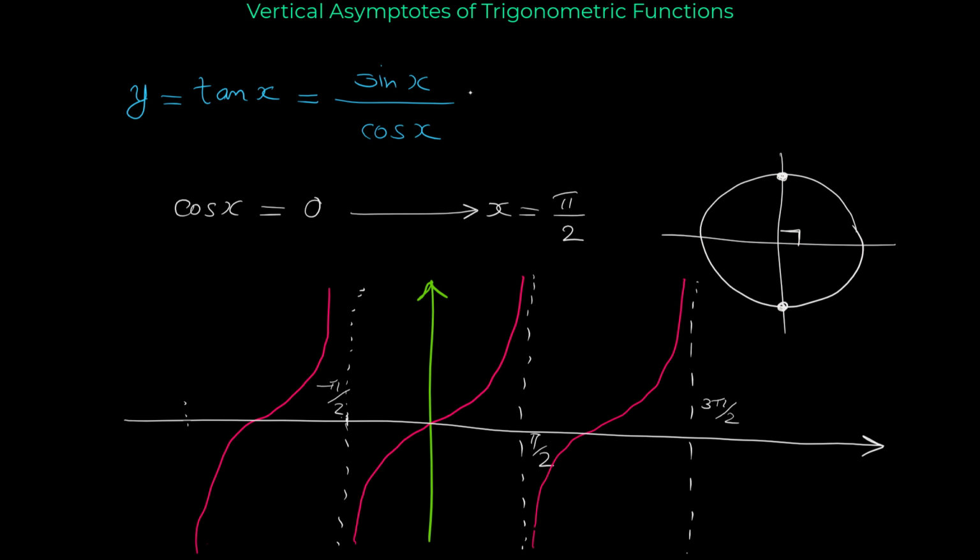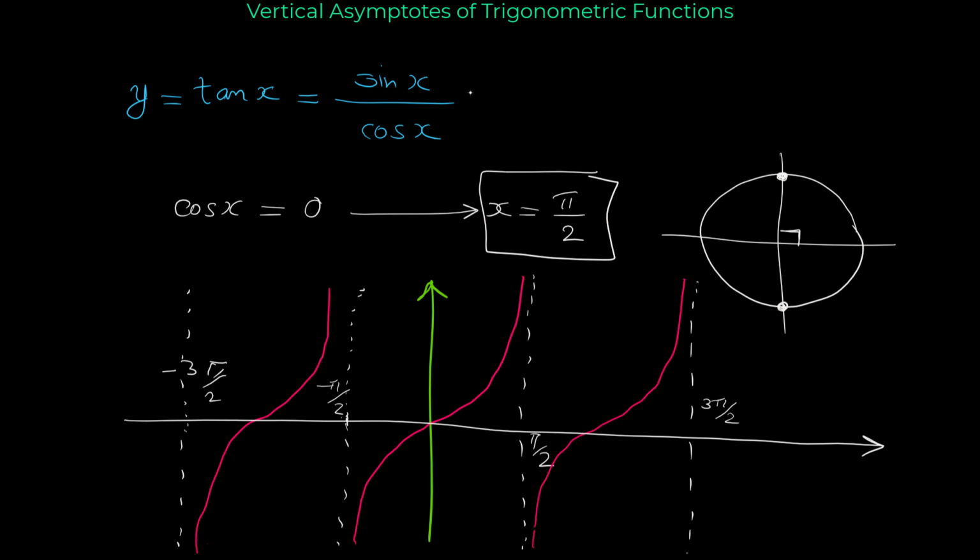All of these vertical lines are vertical asymptotes. So basically, tangent x has infinite vertical asymptotes. Here we wrote only one of them, but this function has infinite vertical asymptotes.